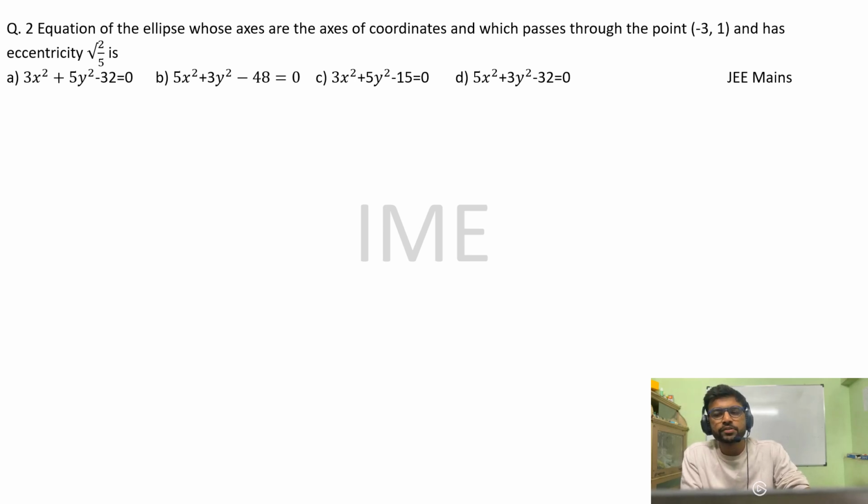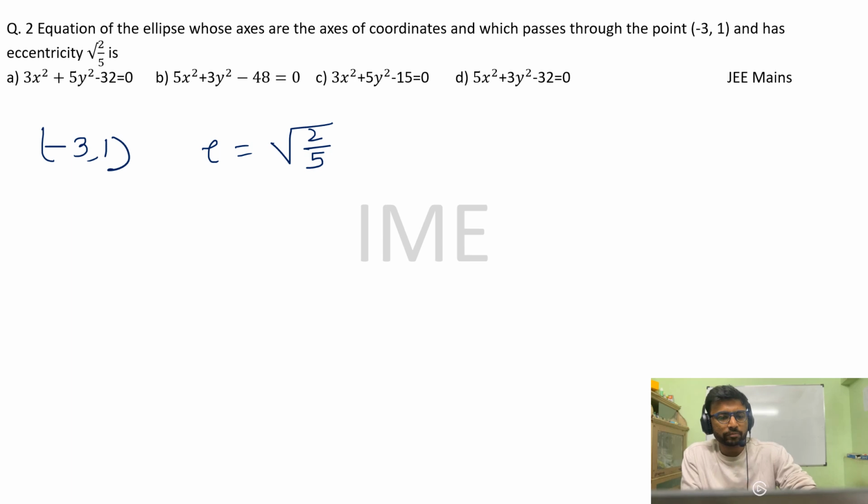That ellipse is passing through which point? -3, 1. Ellipse is passing through this point, and e for that ellipse is square root of 2 by 5. Okay, so e is given and one point on the ellipse is given.